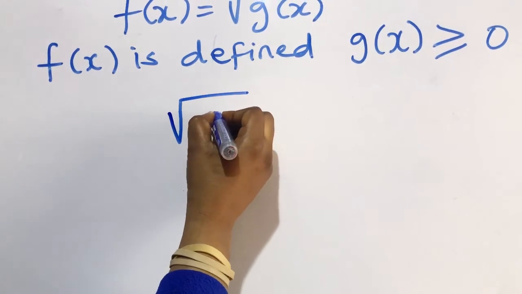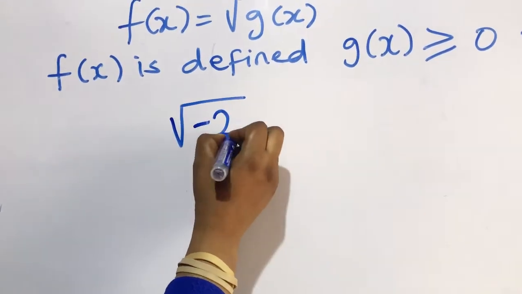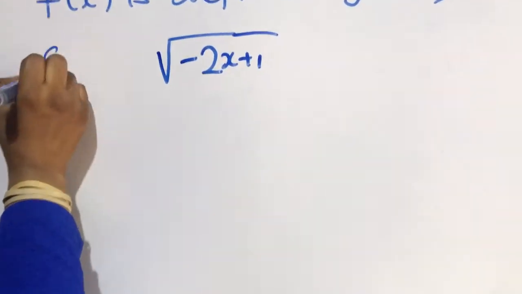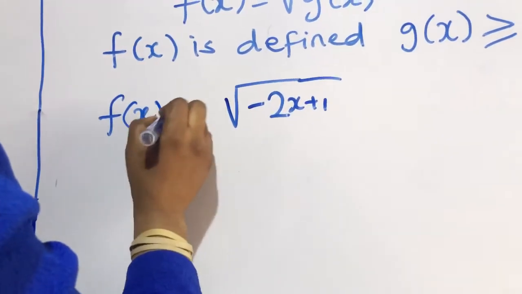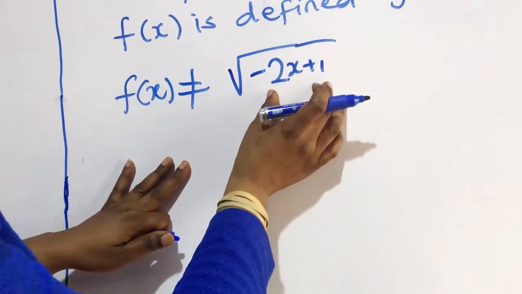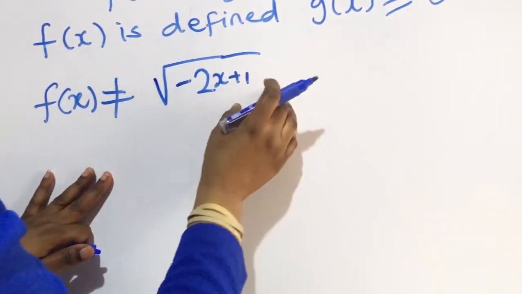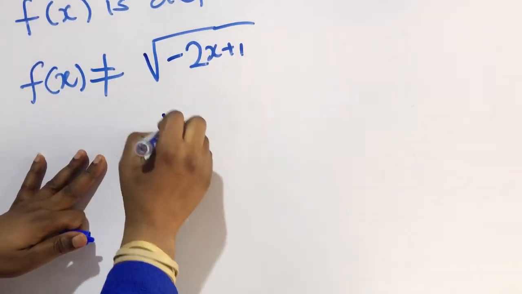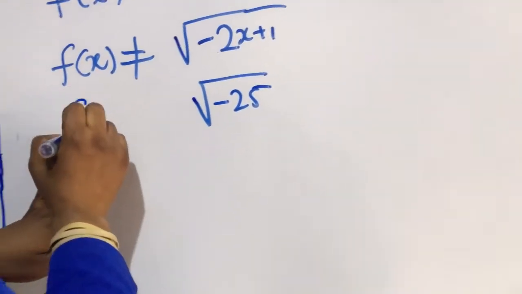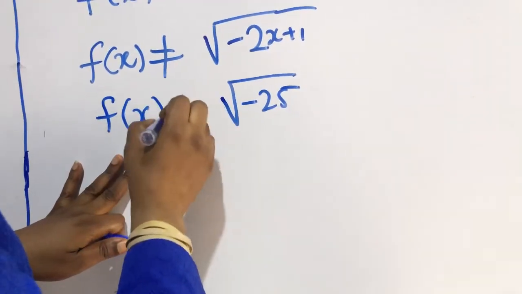If you have the square root of negative 2x plus 1, or something like that, f of x must not be equal to the square root of a negative. If you press this in the calculator, like the square root of minus 25, it will give you math error or undefined or invalid.